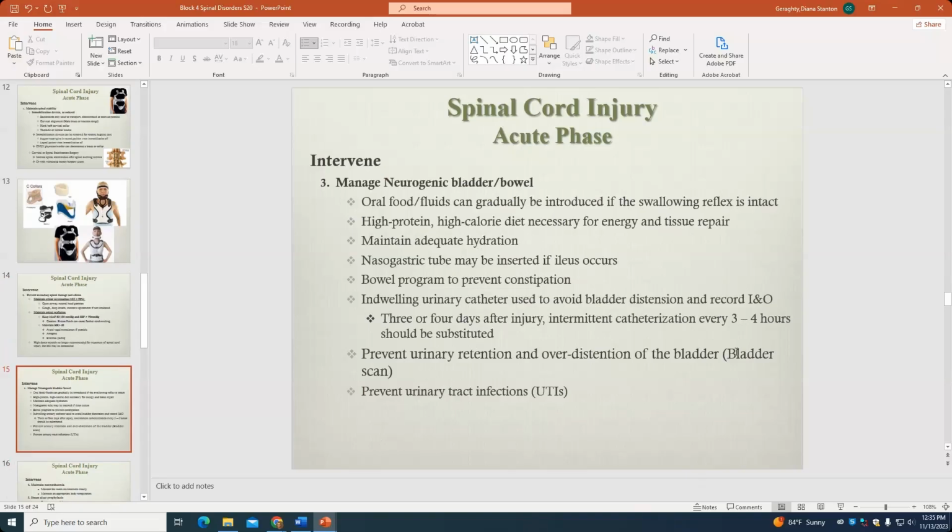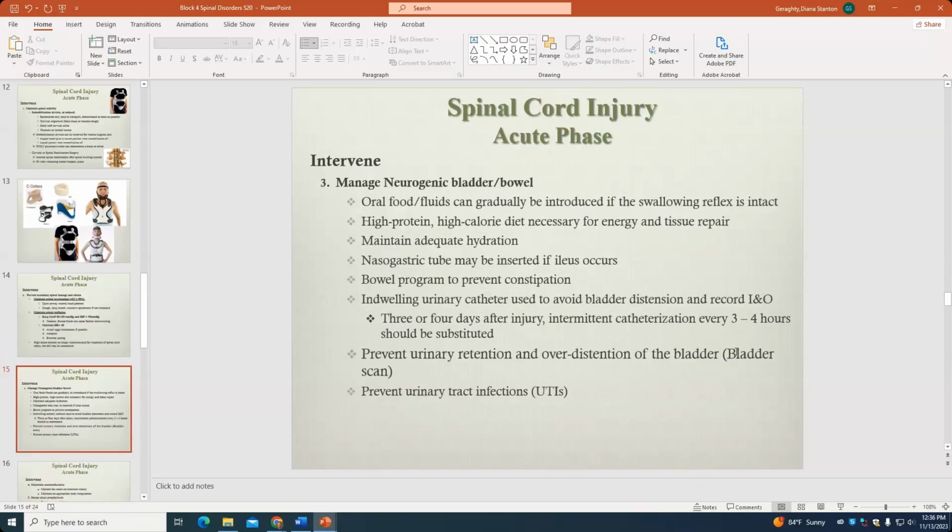So always be looking at your bowel and bladder system to see if they are functioning. You can develop an ileus, which means the bowel isn't moving at all. And the treatment for an ileus is NG tube. You learned that in block 3. They are trying to prevent constipation on them because, again, the innervation to the bowel system may be hyperactive, may be hypoactive. It depends on what signals are getting through.